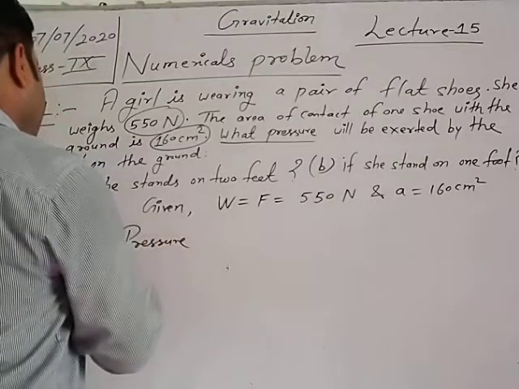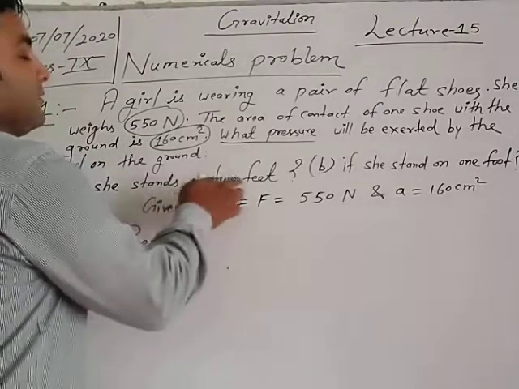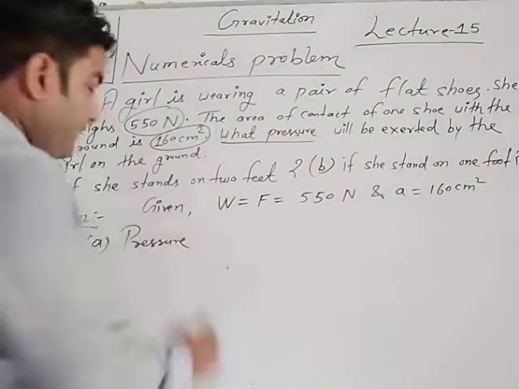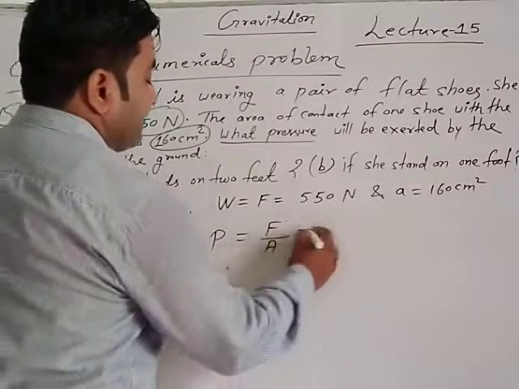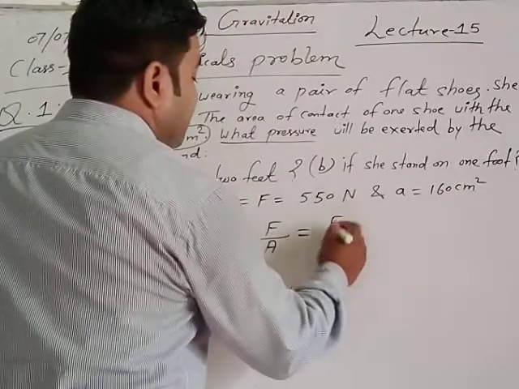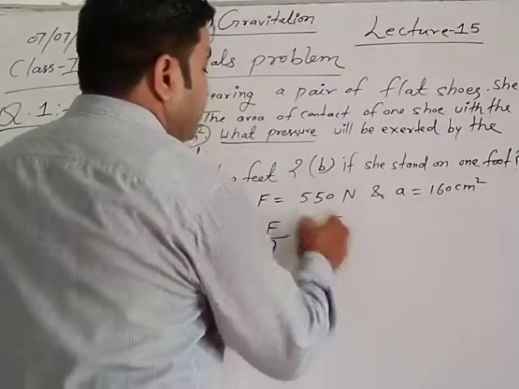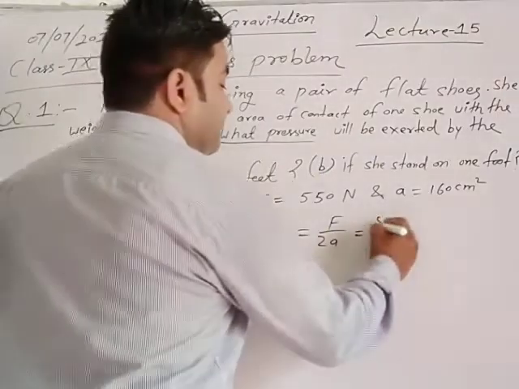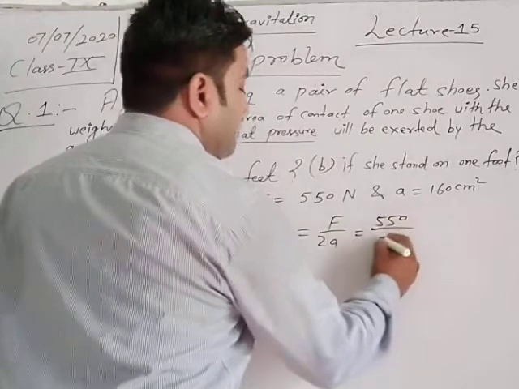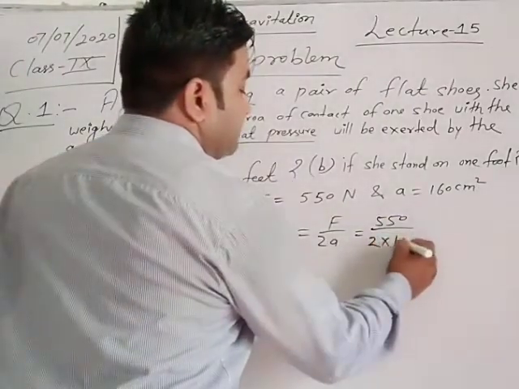In condition A, when she stands on 2 feet, then pressure P is equal to F upon A, and here the area is 2A, because she stands on 2 feet. So P is equal to 550 upon 2 into 160.